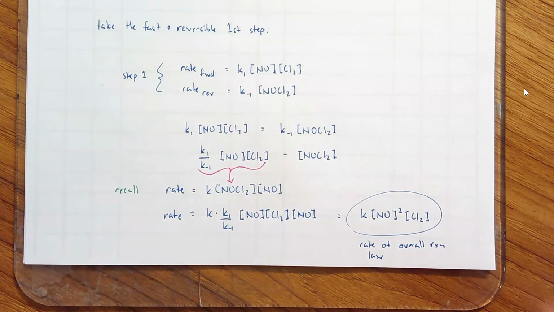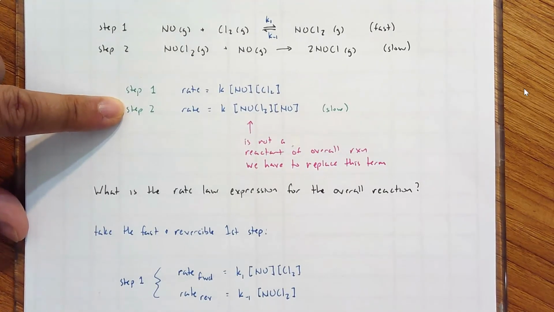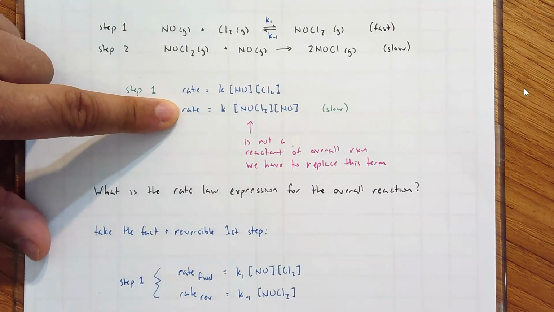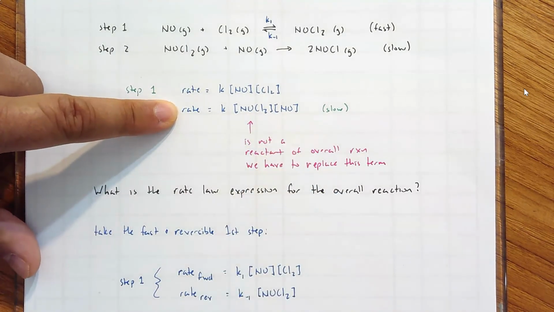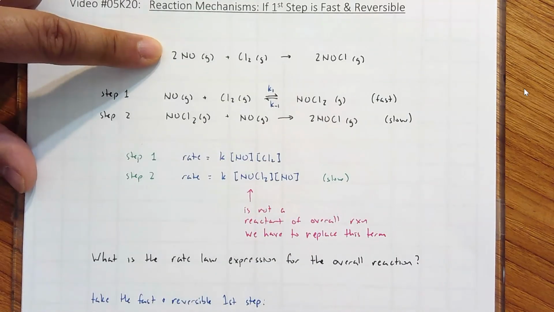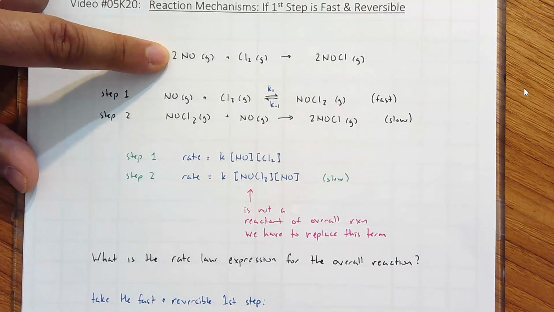What we just did now is we took the rate law expression of the slow step and we expressed it in terms of reactants that are in our actual overall equation, overall reaction.